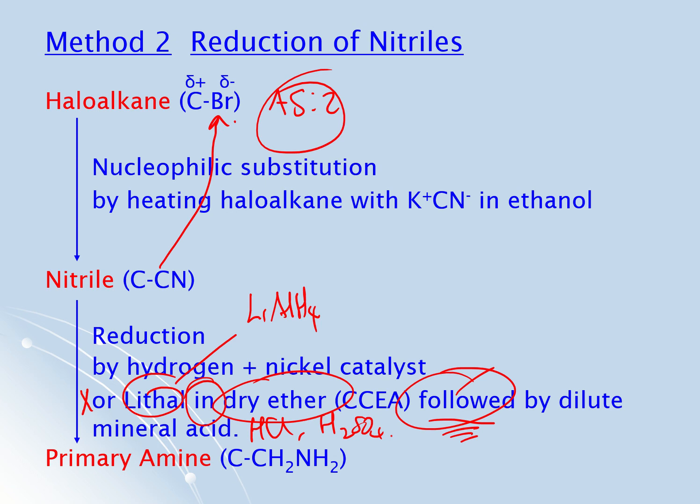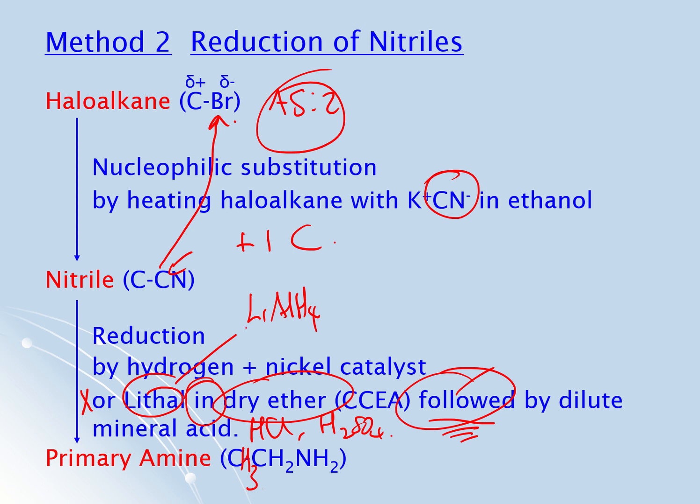Now what you will notice here, and this is where you need to be careful when you're answering questions on this, when you add a cyanide ion and you form a nitrile group, you add one carbon to the original chain. So in other words, let's say down here I wanted to make this compound, which would be ethanamine.